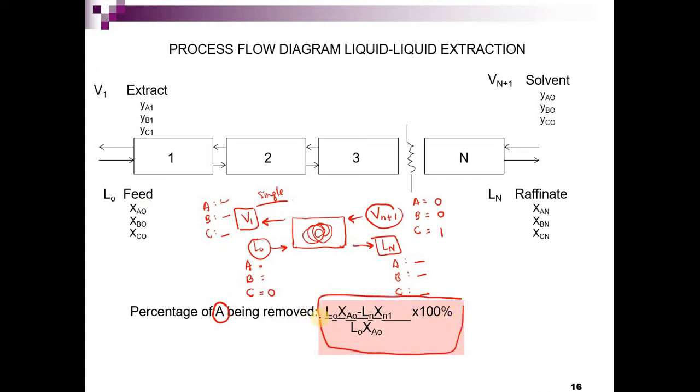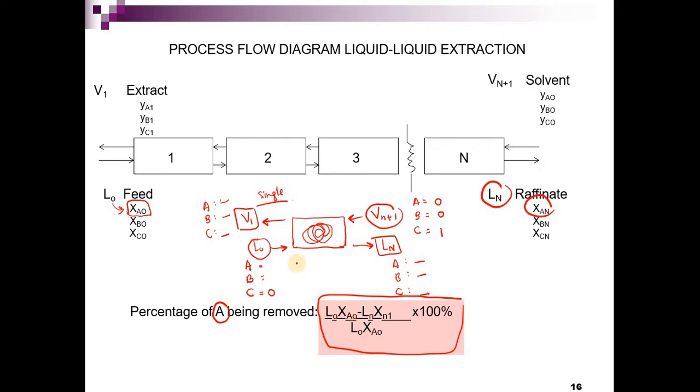So L0 x A0. Okay, so you can see here L0 x A0, and you minus Ln x An, and you divide by L0 x A0.